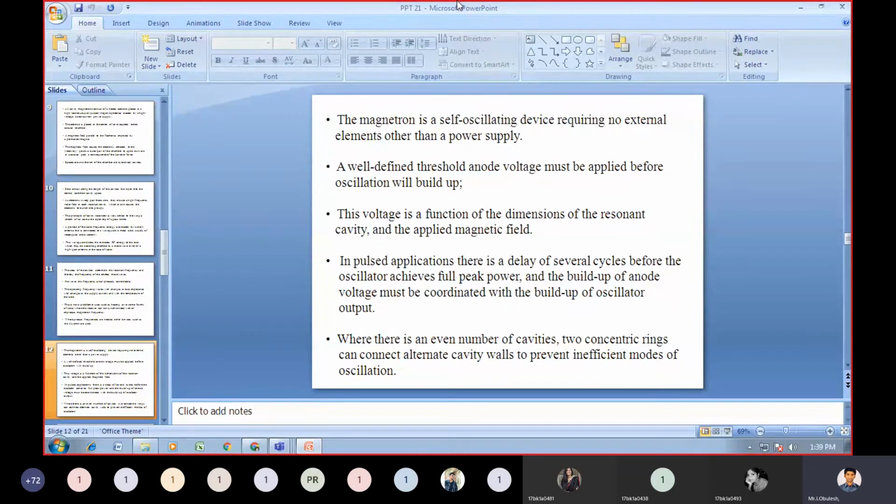In pulsed applications, there is a delay of several cycles before the oscillator achieves full peak power, and the buildup of anode voltage must be coordinated with the buildup of oscillator output.